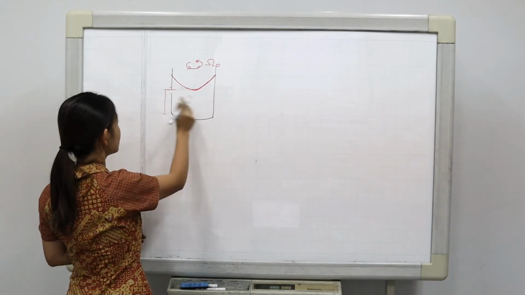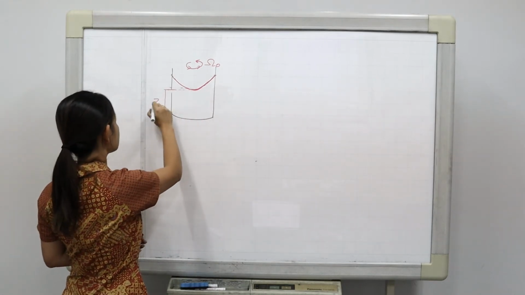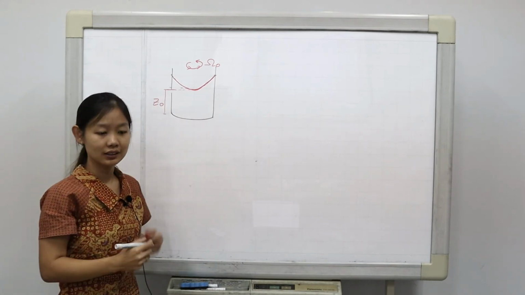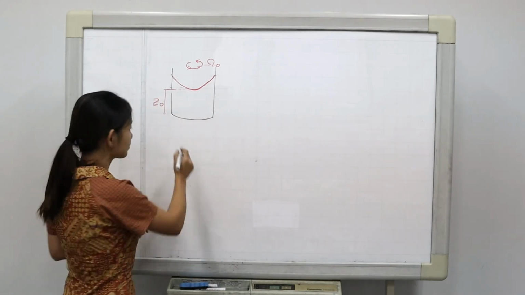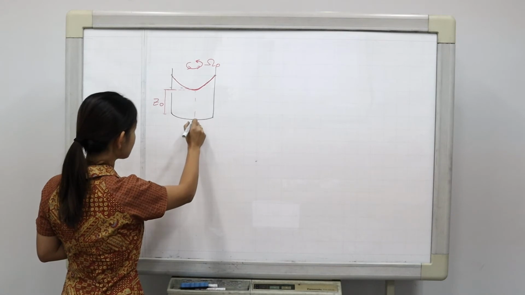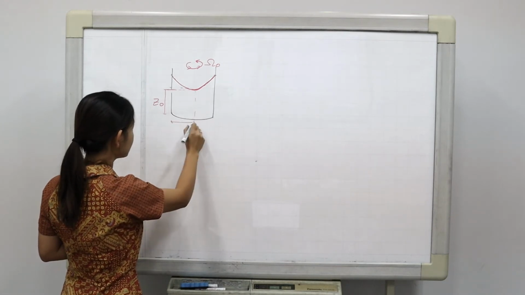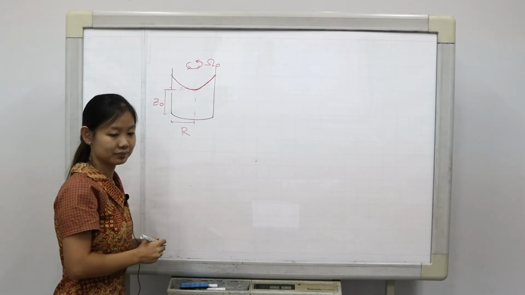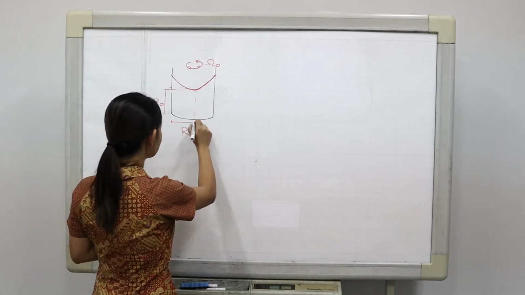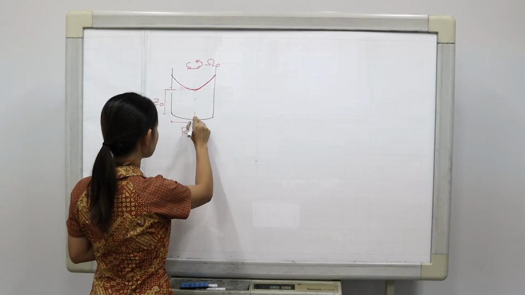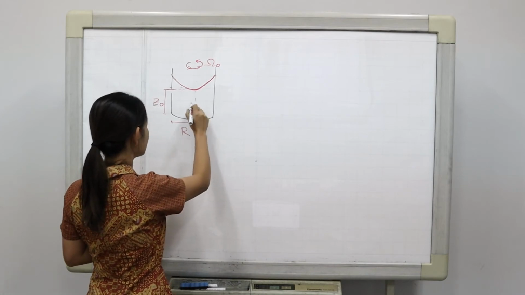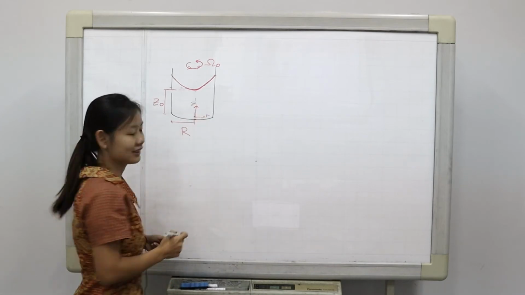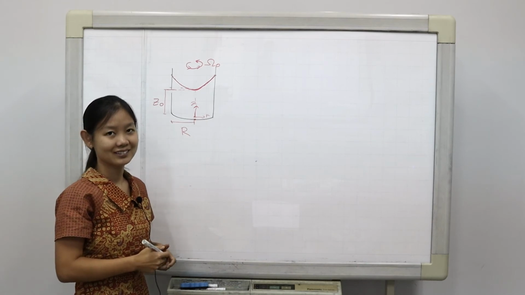The height of this vortex is z0, and the radius of the tank is capital R. We can draw the coordinates z and r like this.